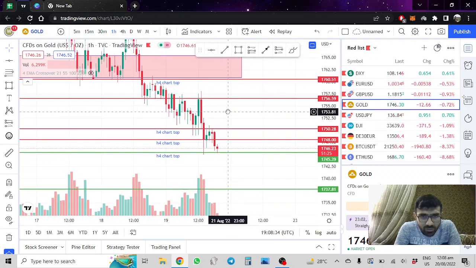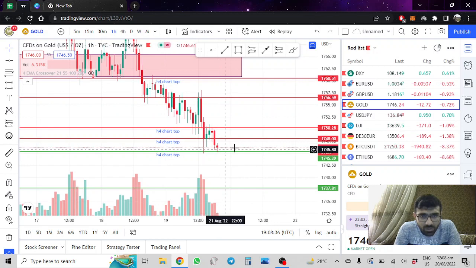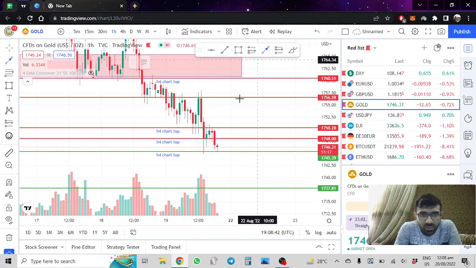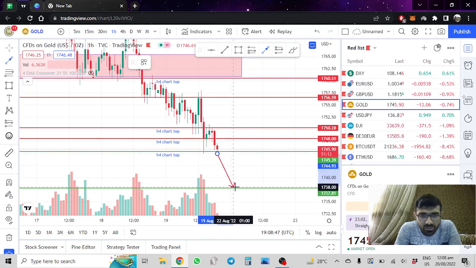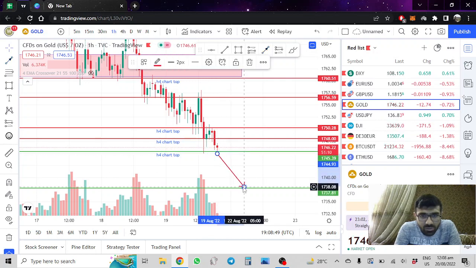Okay, so now the gold is over here and gold is trying to break this recent low of today. So if it is able to break this low, then there is a good chance that gold could go down straight away.